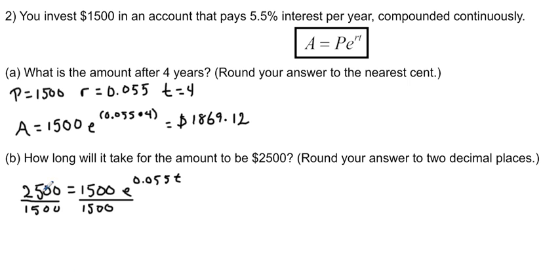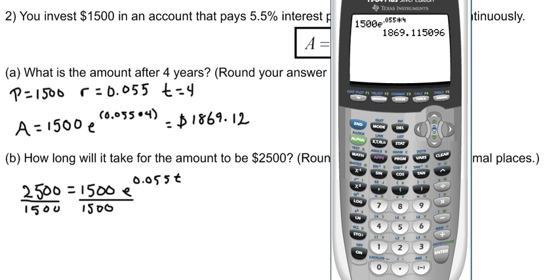Okay, so let's plug this into the calculator here. Let's clear out. And we can simply type in 25 divided by 15 because these zeros would cross out. And what we have is 1 point and the 6's wind up repeating.